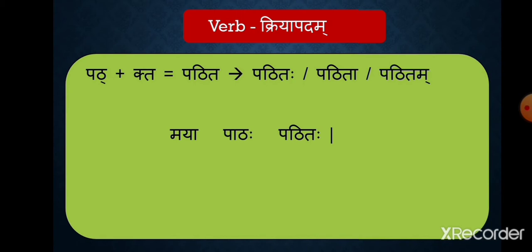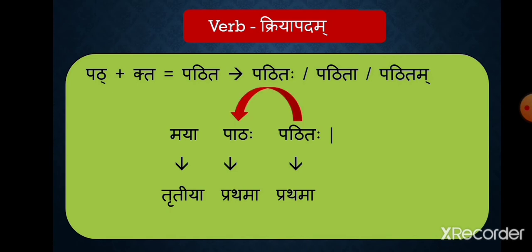In this sentence, the subject is maya, the object is pathah, and pathitah is the path dhatuhu plus kta pratyay form. Maya is used in tritiya vibhaktihi, pathah is used in prathama, and pathitah is also used in prathama. It is used as per the lingam and vachanam of the word pathah.